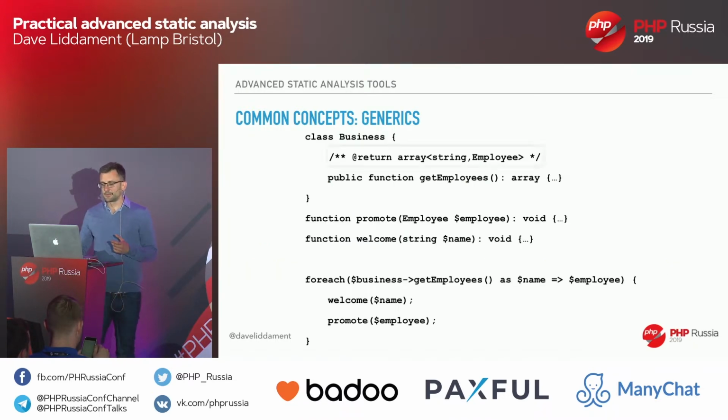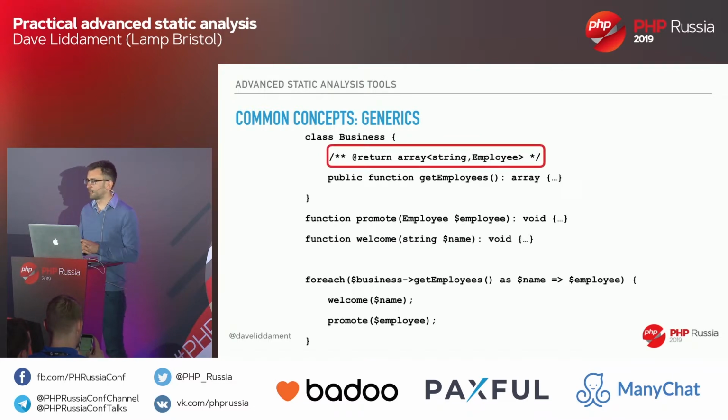So what we can do is write our return type like this: array, open angle bracket, string, comma, Employee, close angle bracket. And what that means is the array we're returning, the keys are all of type string, and the values are all of type Employee.